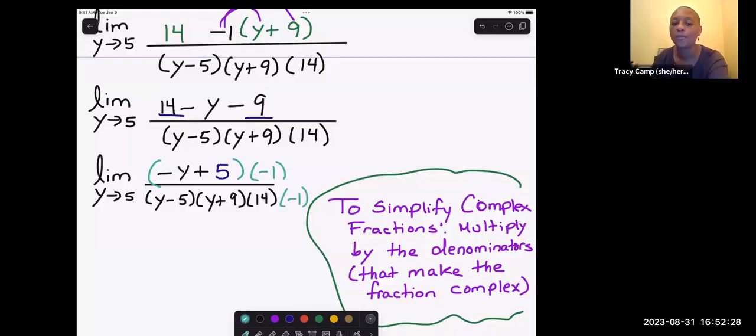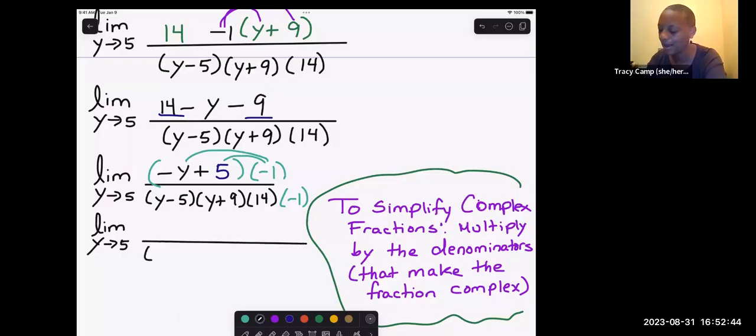And if I distribute this -1 in my numerator, it'll give me the limit as y approaches 5 of, so I'm just keeping my denominator as is. It's messy, but I'm just going to leave it until I've canceled out what I want to cancel out. But my numerator, I'm going to distribute that -1.